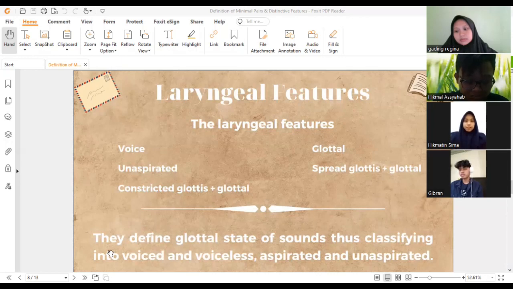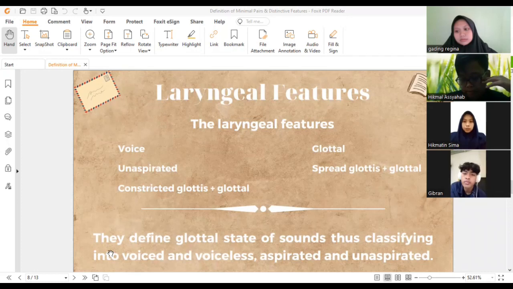And I will explain one by one. The first one is labial. Labial divides into bilabial and labiodental. So the next one, coronal.